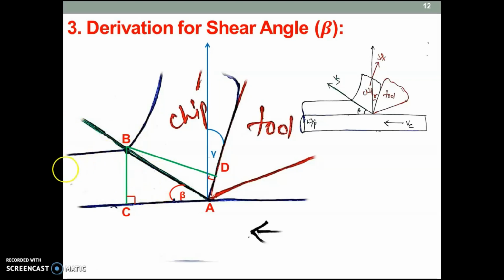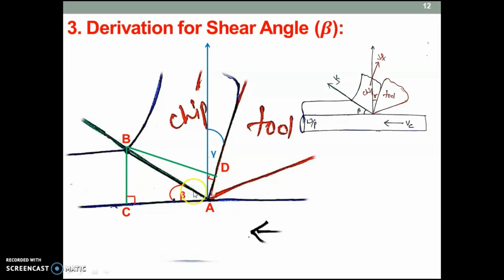Here the angle between BC and AC is 90 degrees. The angle between BD and AD is 90 degrees, because those two lines are perpendicular.